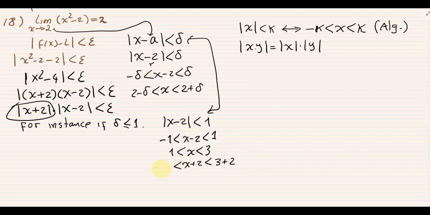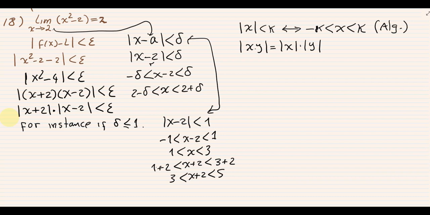So 1 plus 2, that means x plus 2 is going to lie between 3 and 5, right? This is what we mean by bounding the factor x plus 2. We just showed that for a given value of delta 1, x plus 2 is bounded below by 3 and bounded above by 5.